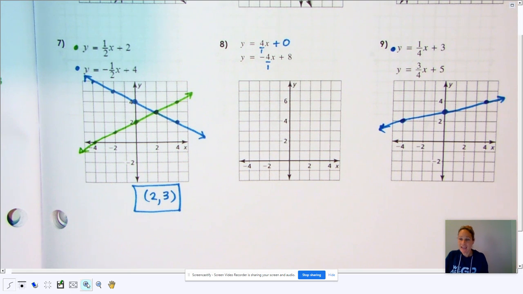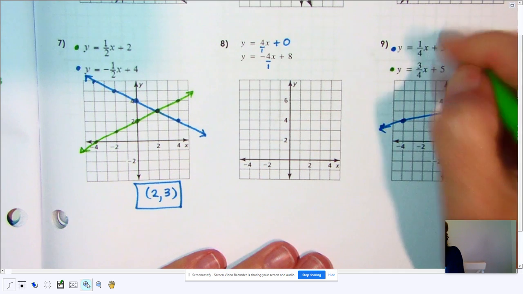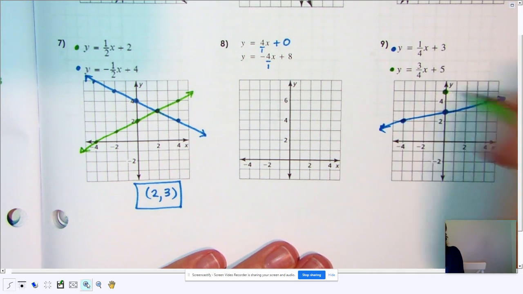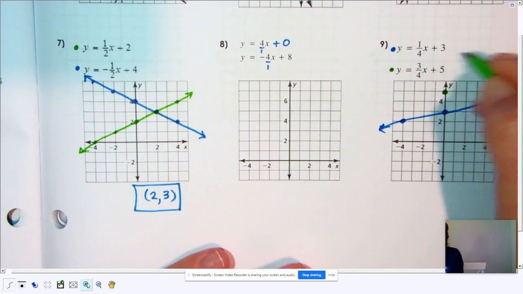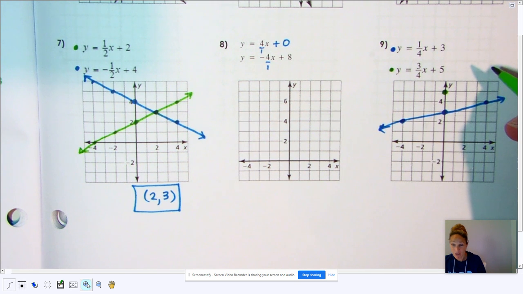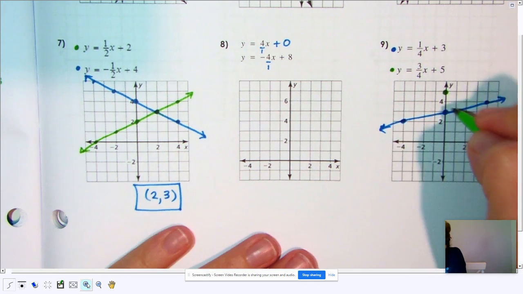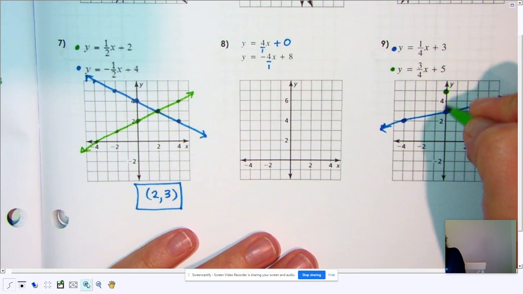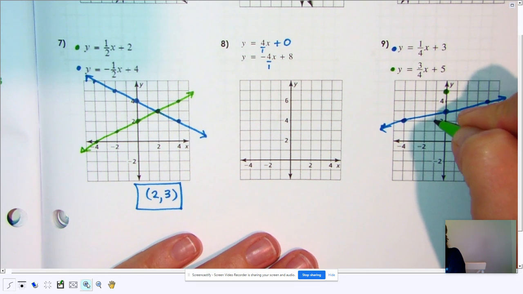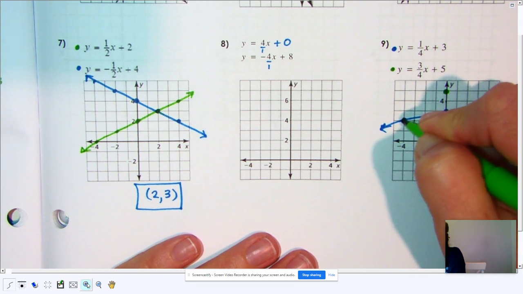Okay, and then the last one here that we're going to do together is right here. We're going to begin at 5, and we're going to go up 3 over 4. But look, I'm off my graph already. So what I'm going to do is the opposite of both of these. I'm going to go down by 3, 1, 2, 3, and then backwards 4, 1, 2, 3, 4.